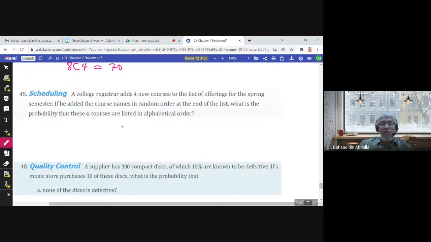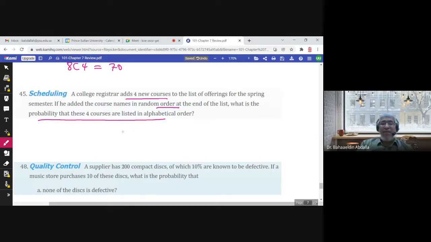A college registrar adds 4 new courses to the list of offerings for the spring semester. If he added the course names in random order, so there is an order here, okay, of adding the names at the end of the list. Someone could be the first, the second, there is an order. What is the probability that these 4 courses are listed in alphabetical order?